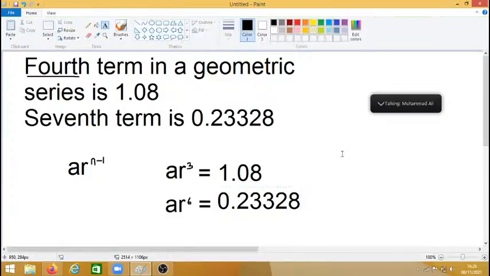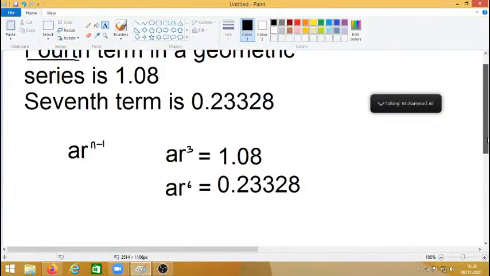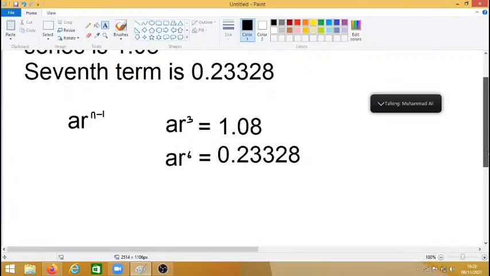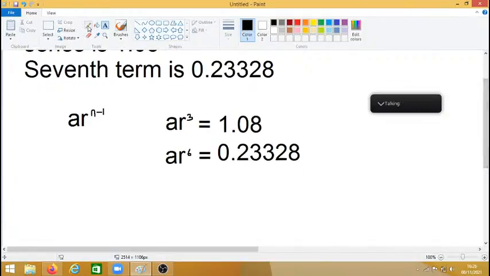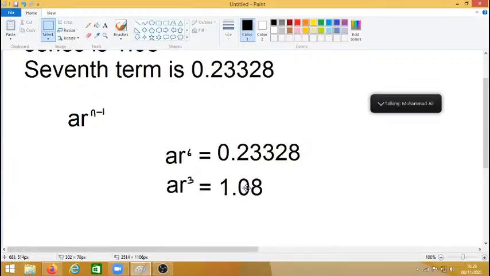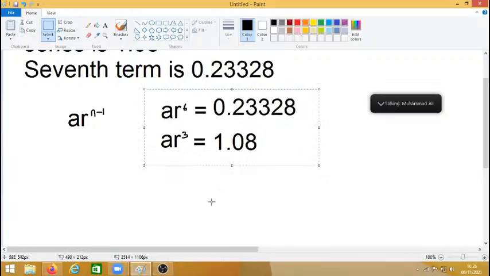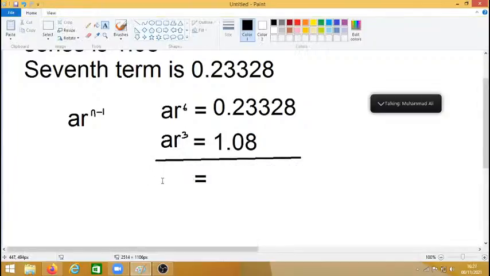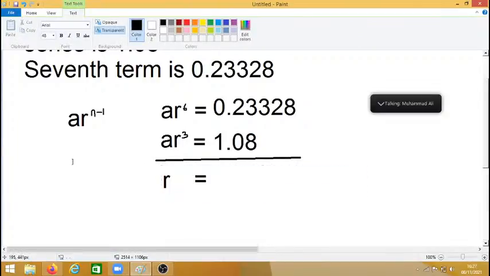Now you've seen this kind of situation before, so if you can type into the chat box what I should do next, if you remember. Okay, I'm going to take the smaller power equation and put it underneath. And then I'm going to divide one equation by the other. So the a's will cancel out, and r to the power 6 divided by r to the power 3 is just going to become r to the power 3.